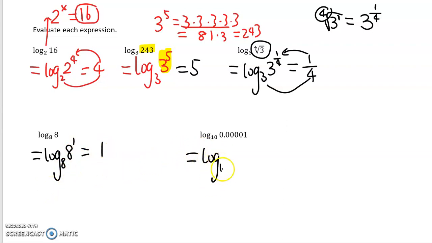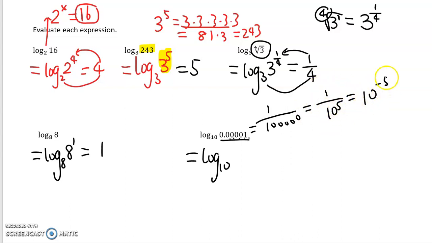For the next one, we're going to rewrite this as a division. It's 1 divided by 100,000, which can be written as 1 over 10 to the fifth, or 10 to the negative 5.